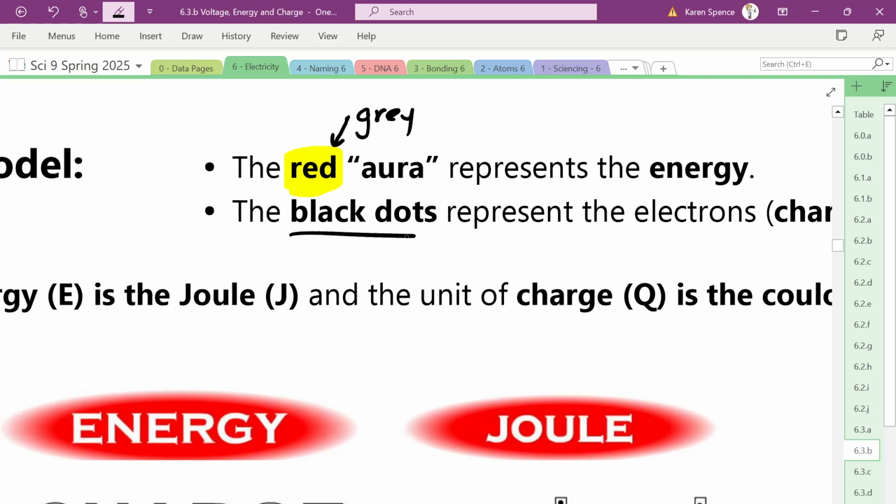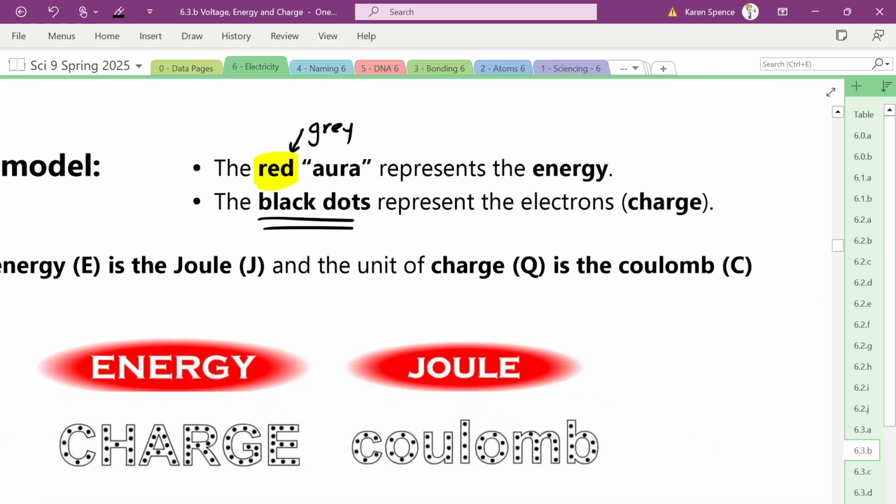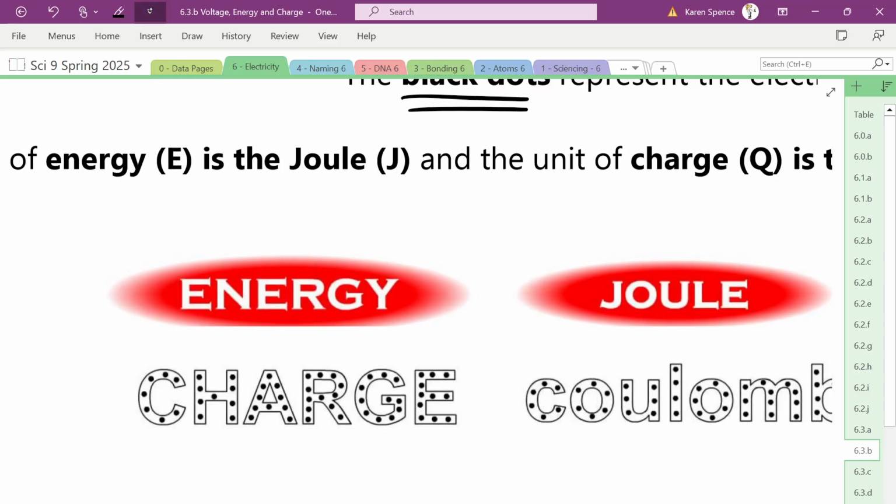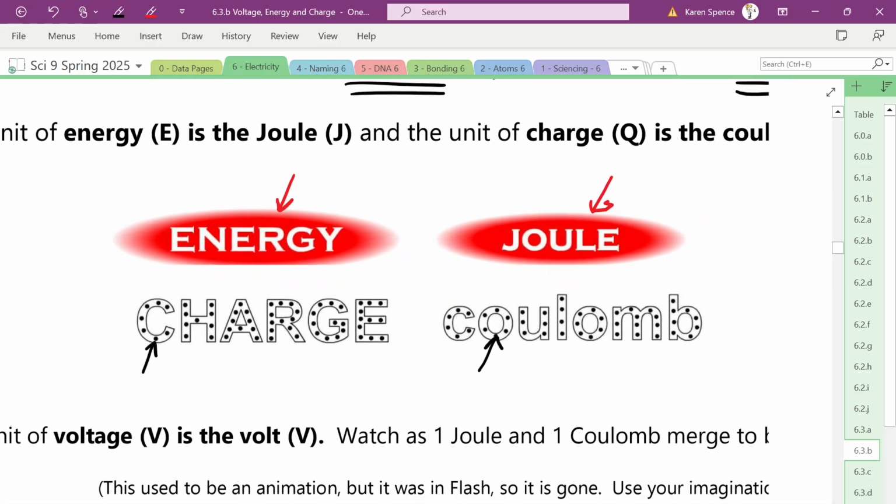The black dots represent the charge. If we're looking at the units, the red energy is measured in joules, and charge is measured in coulombs.